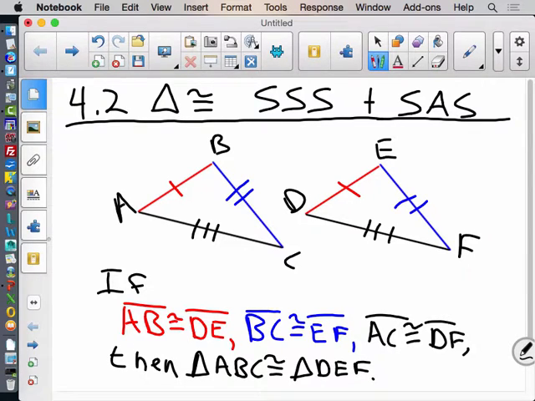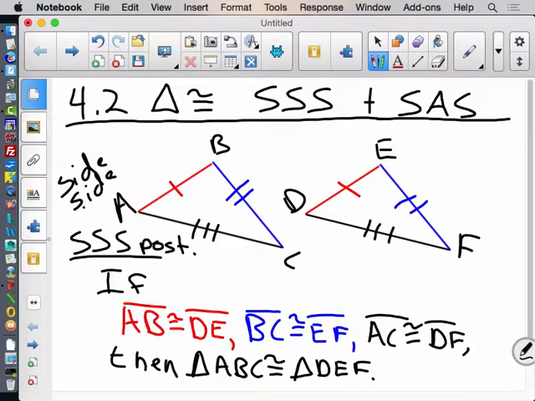And so this right here is what we call the side, side, side postulate. That's side, side, side. The SSS, side, side, side postulate. So that is the postulate.